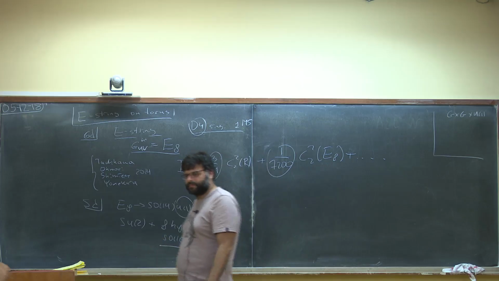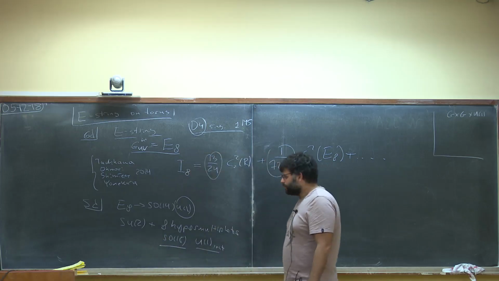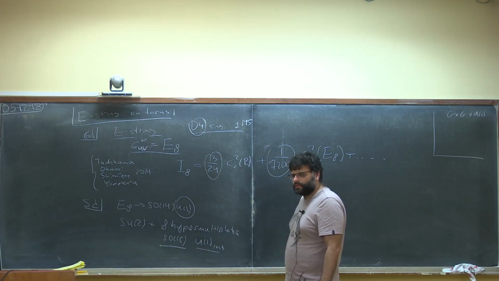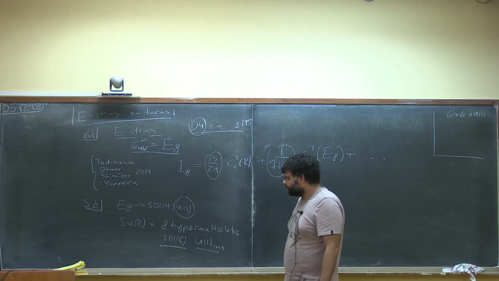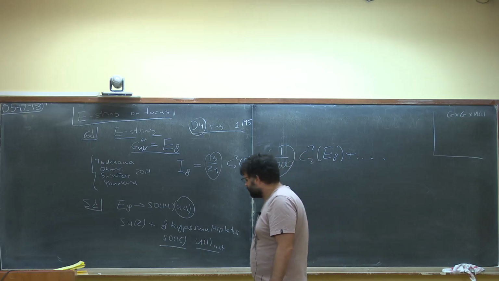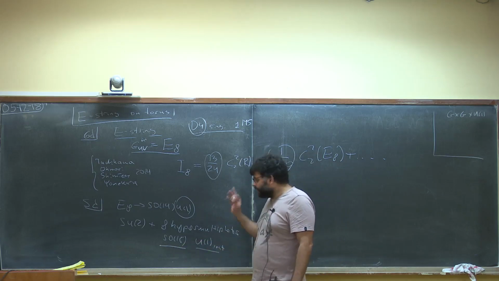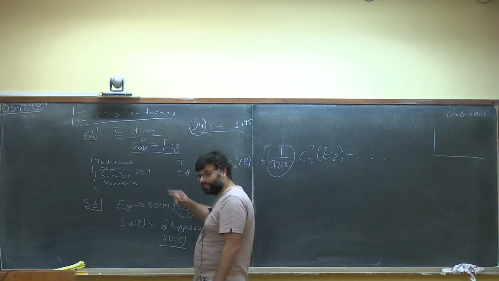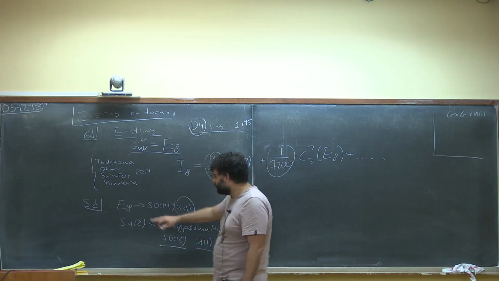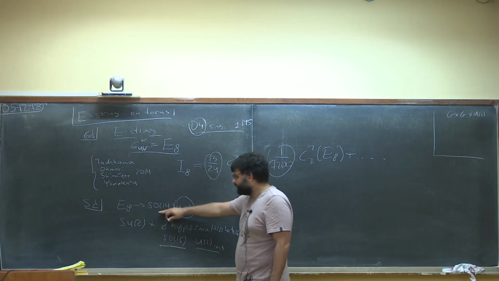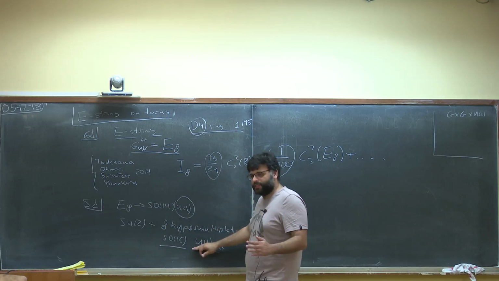Why should the symmetry not enhance to something that would contain SO16 times U1 also as a subgroup? So the second line is the 5-dimensional description with a holonomy. You turn on a holonomy, and you don't expect to have an E8 anymore.